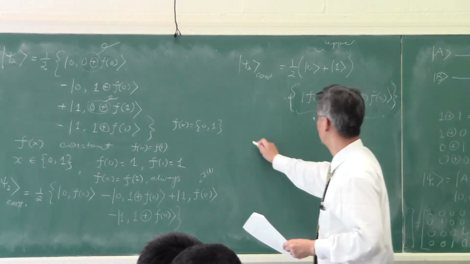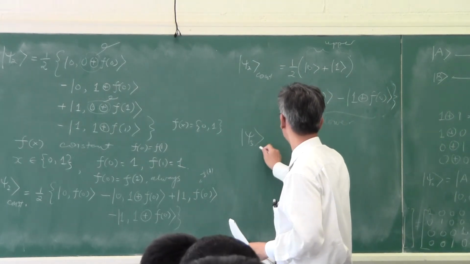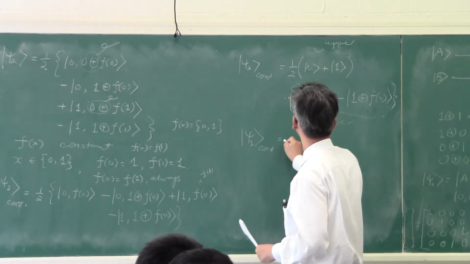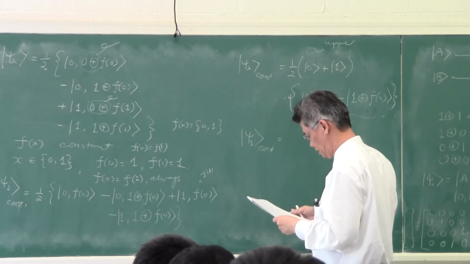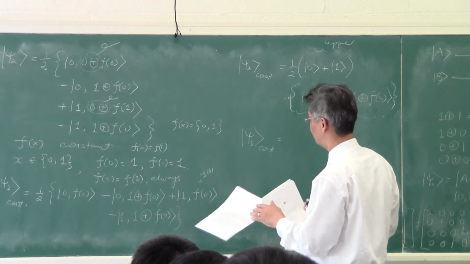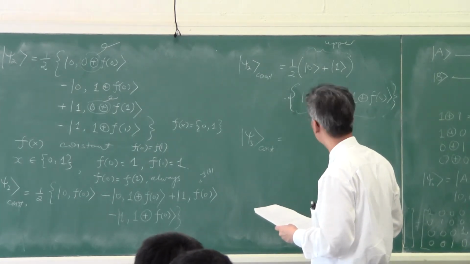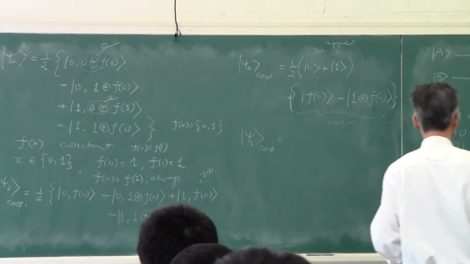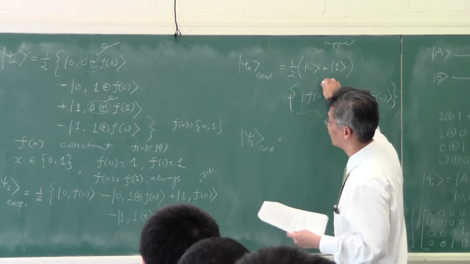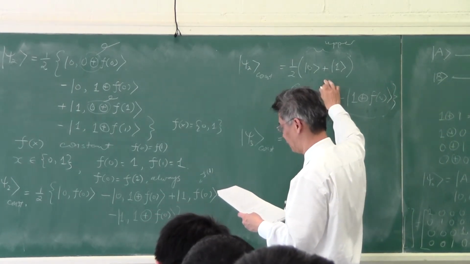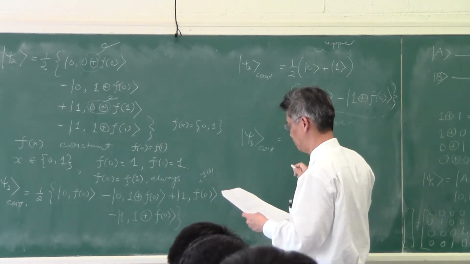Okay, so psi 3 constant is equal to, if I work it out after this has been operated upon by the Hadamard gate, it becomes a 0. If you apply the Hadamard gate to this, it becomes a 0 state.